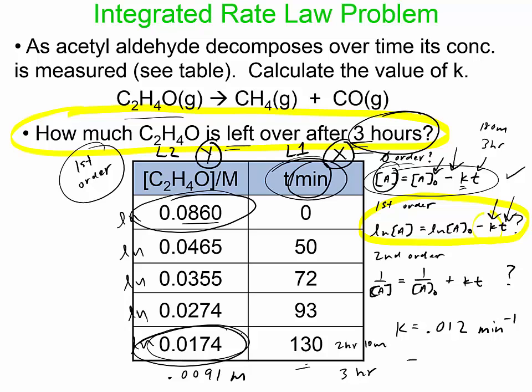So realize that if you get some really strange number, like if you get some number like 0.05 something, that doesn't work because that number is actually between these two numbers, which would be how much you have left over after like 25 minutes. So there you could do some logical checks on your final answer, and usually if you get something really weird that doesn't match your data, check your stat plot.